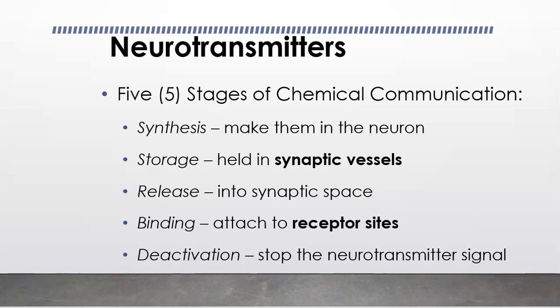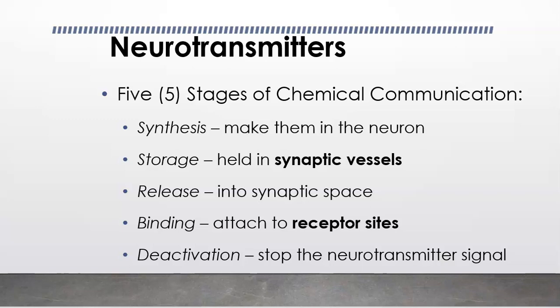And then release is where we take those synaptic vesicles and we push them outside the cell so that the neurotransmitters within can move into that synaptic space. Once the neurotransmitters are in the synaptic cleft, then they're able to bind. So binding is step 4, and this is where they attach themselves to specific receptor sites on the postsynaptic cell.